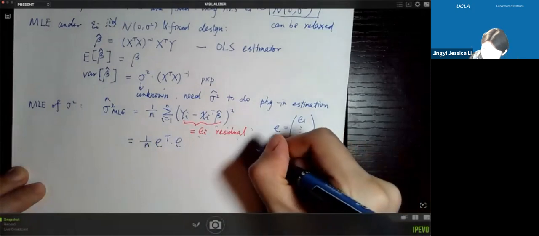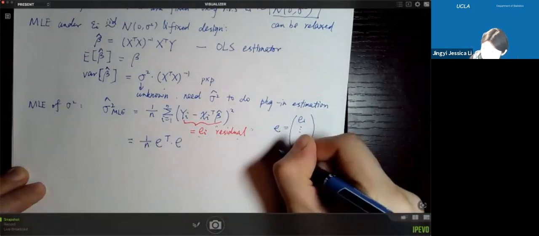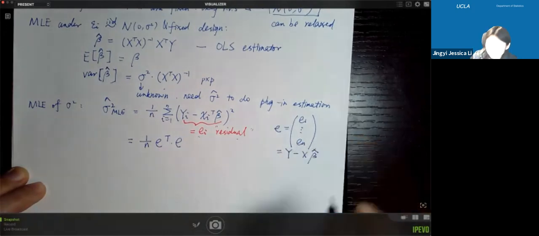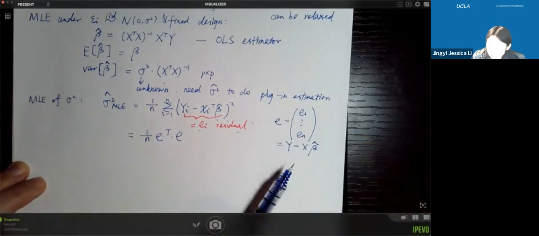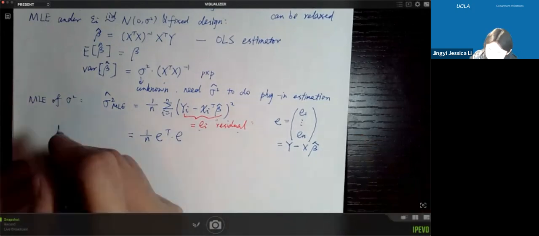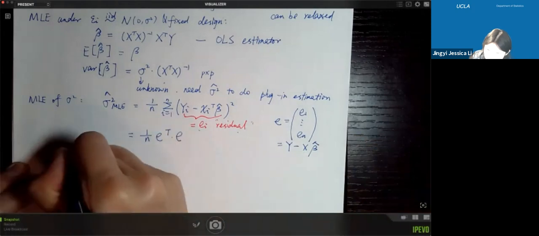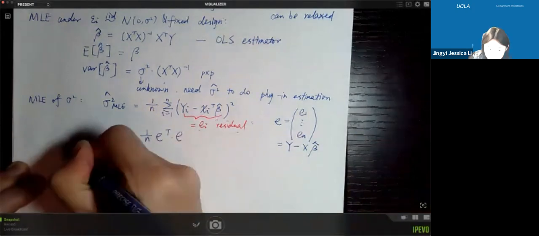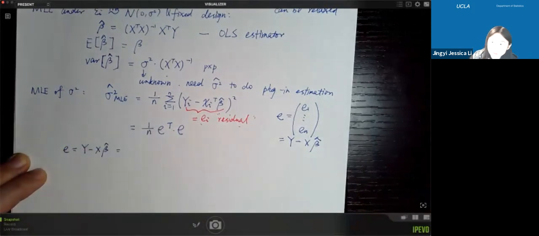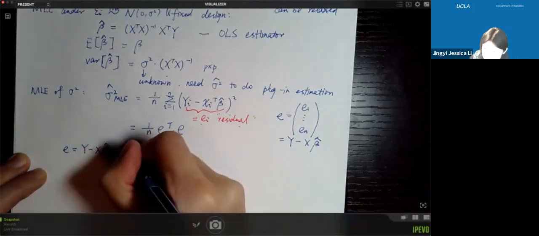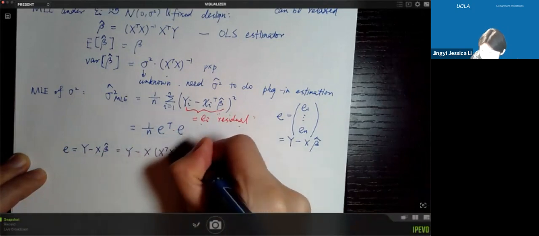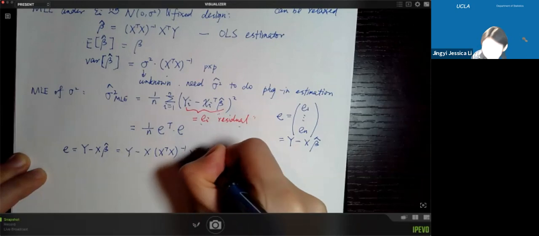We know e is equal to y minus x beta hat, and we know that beta hat is equal to x transpose x inverse x transpose y.